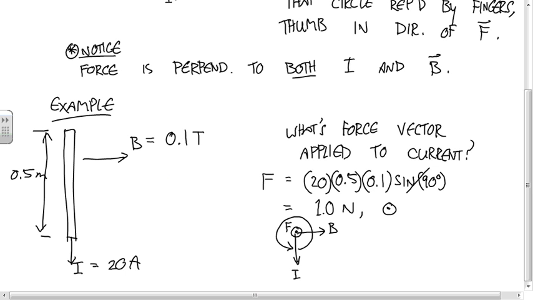All right, so now let's do a calculation related to that. Remember that smoking contraption that I brought in here last time?